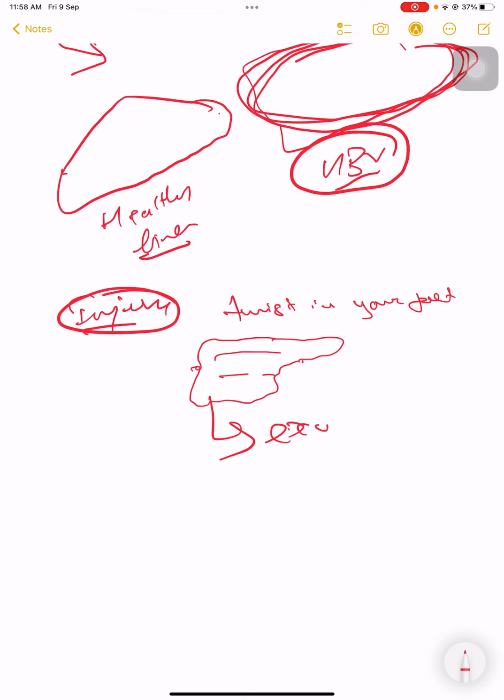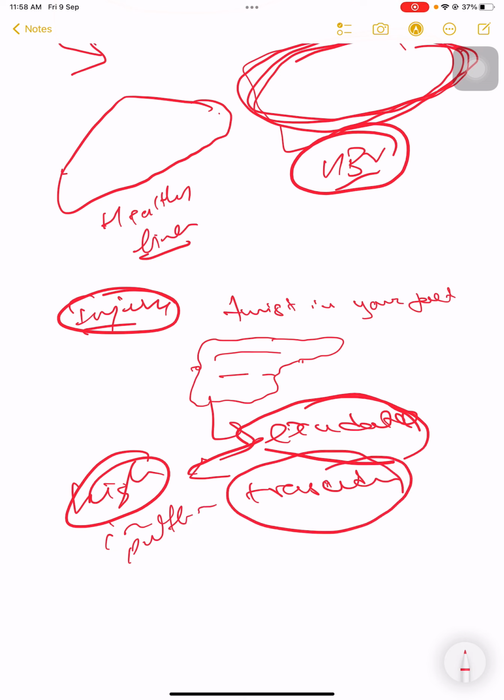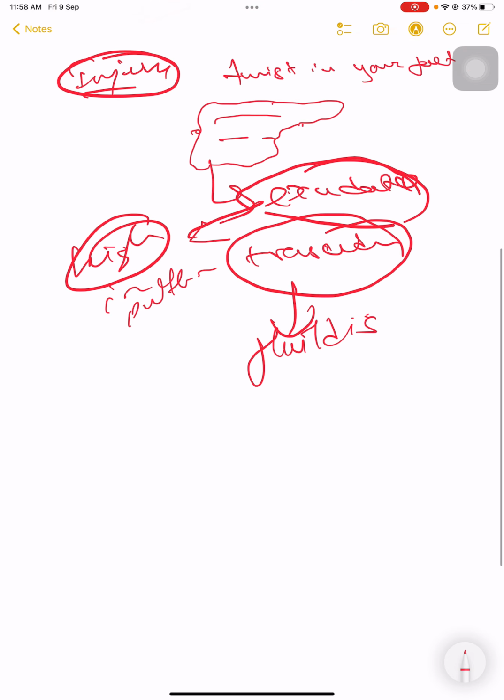Now we have an exudate and we have a transudate. Exudate is a fluid high in protein, and transudate is a fluid which is not that high in protein, but it consists of a certain amount of protein.